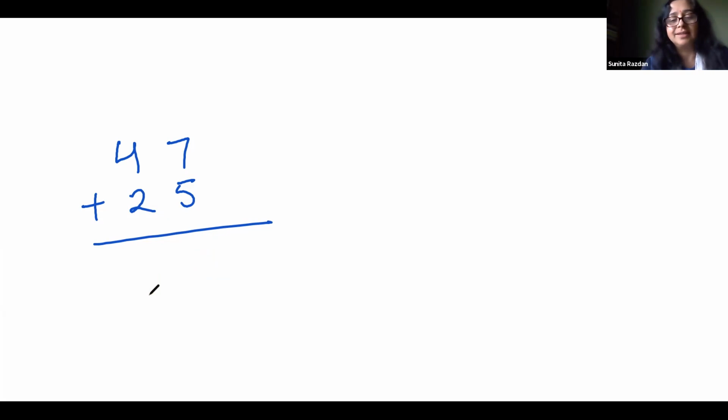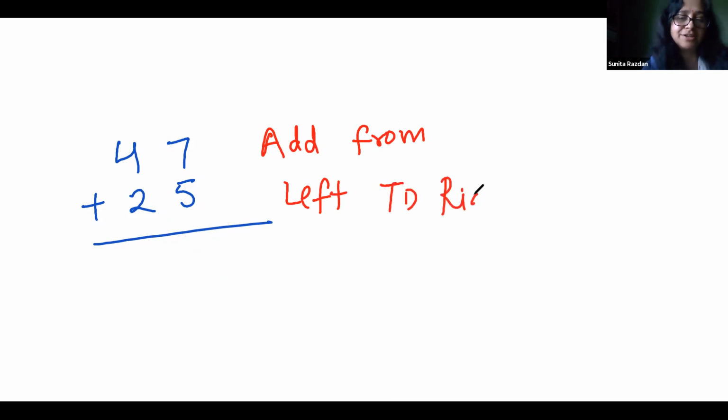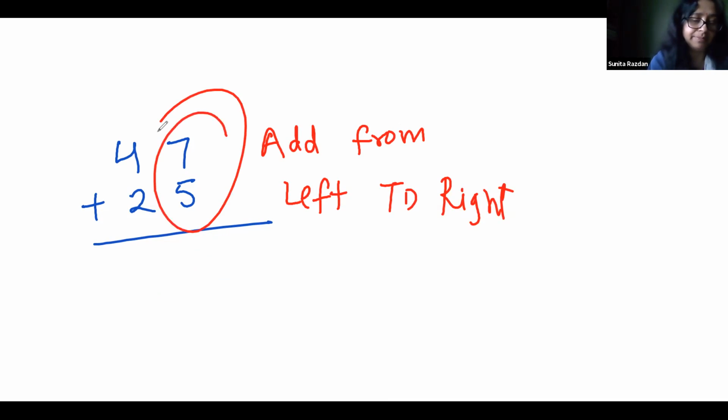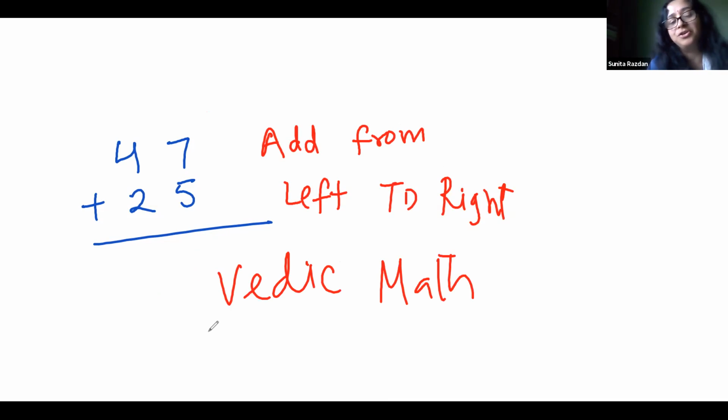Now, one was completing the whole. The other is we add from left to right. Usually you go right to left, but we will now try to do this addition from left to right. Why? Because, for example in Vedic math, how do you usually read it?